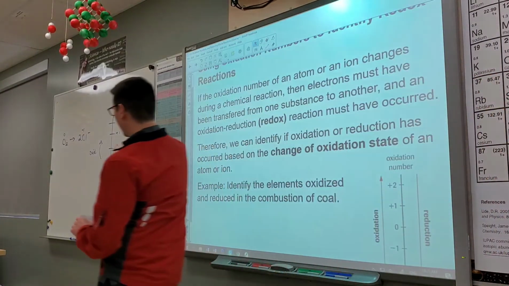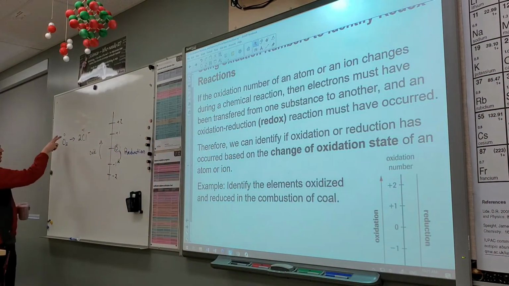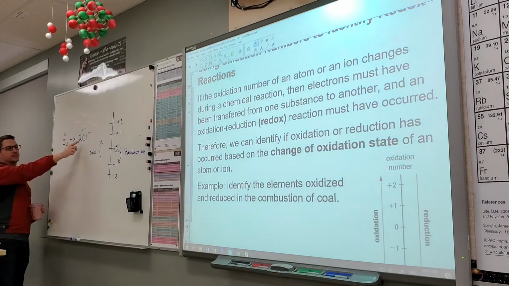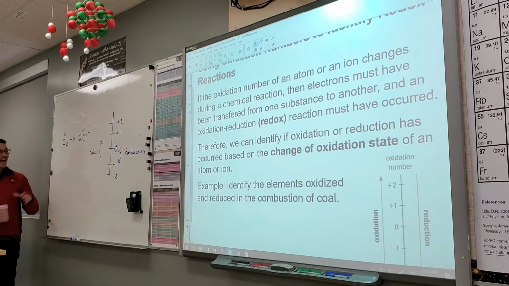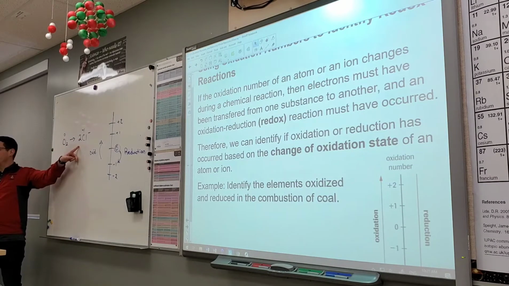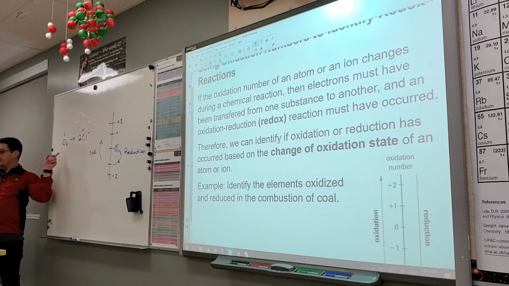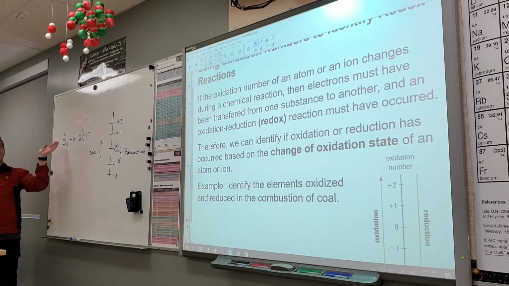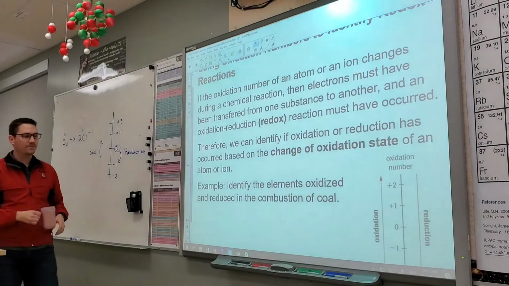If this thing is changing from Cl with no charge to Cl minus, it had to have gained electrons. Therefore, this must have been part of a redox reaction. This is half of a redox reaction.